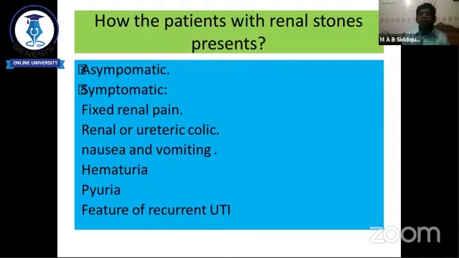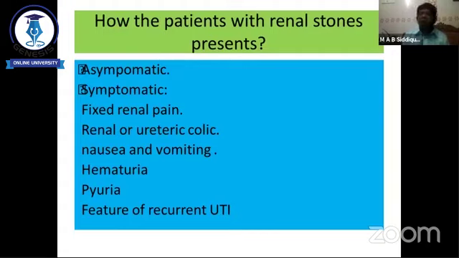So it may be asymptomatic, maybe symptomatic. Usually oxalate stone presentation is early because it has a spiky surface and produces hematuria and pain. That's why the patient presents to the doctor early. Fixed renal pain: when it is in the kidney region, it is a fixed dull aching pain.